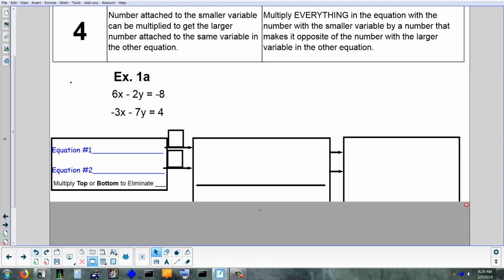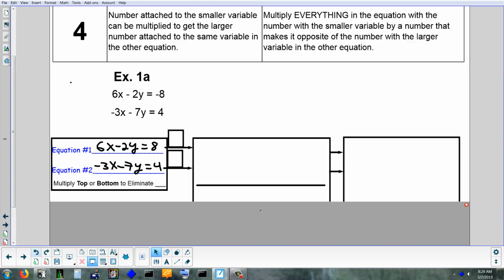I just have a question. Is the multiply top or bottom to eliminate going to be on the test too? Is that in the template? It's not going to be something I grade, so it's there for you if you want it to help you. It's on the template, but you're not required to fill it in.